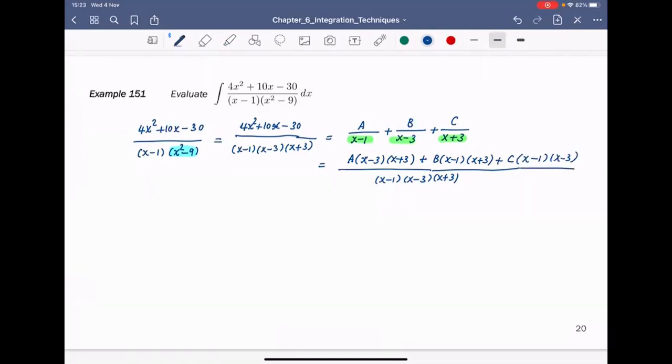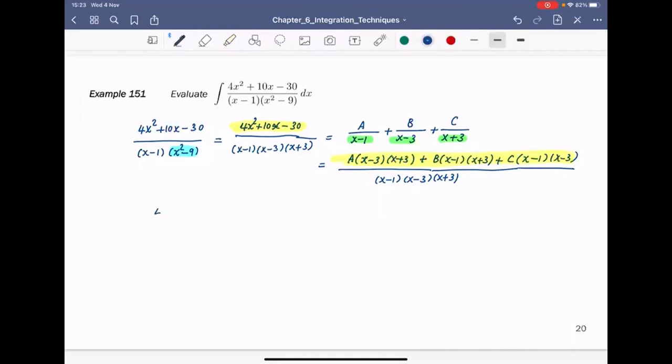I multiply everything back on the top. So now you know that the numerator, the thing I highlight in yellow, is equal to each other.